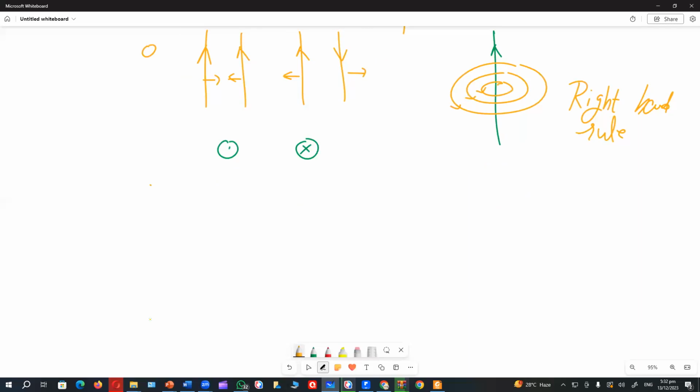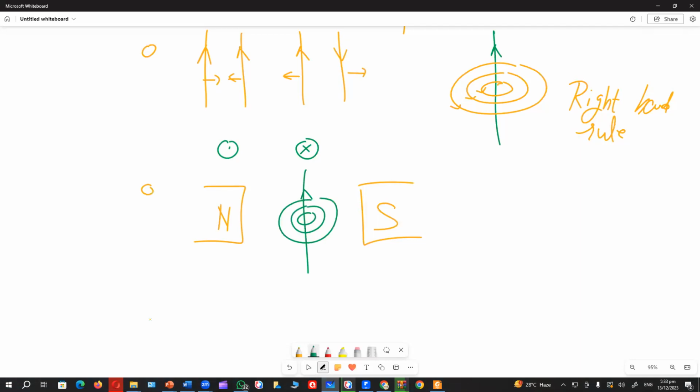Now, if we move forward and reach here, after doing this point, a very, very important concept comes. If you have a magnetic field like this, and you put a wire in the magnetic field, and the wire produces magnetic field around it, what will be the response of the resultant magnetic field?